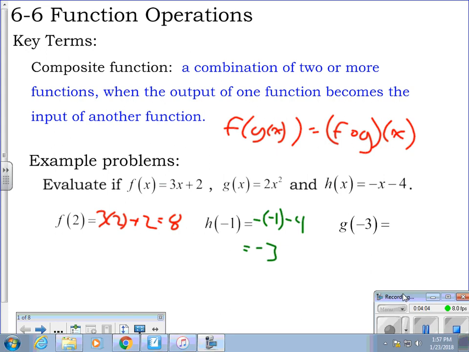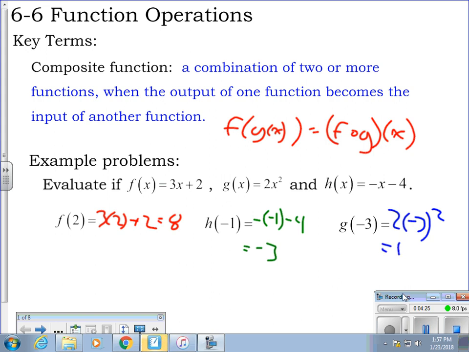And if I want to do g of negative 3, I do the same thing again. I take g of x, it's 2x squared, so I take x, replace it with negative 3. 2 times negative 3 squared. Negative 3 squared is 9, times 2 is 18.